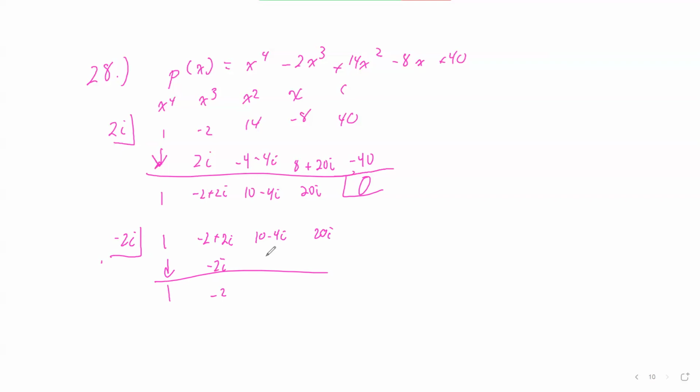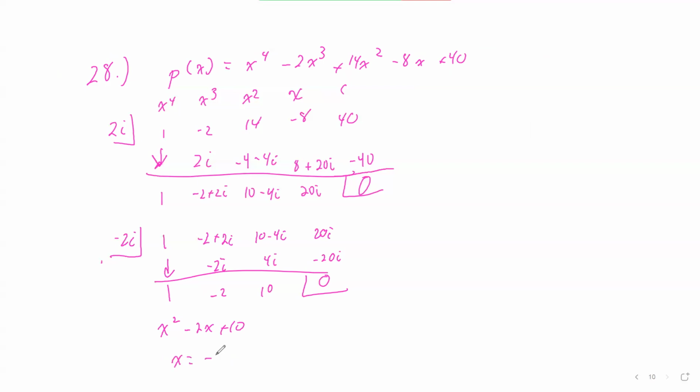That gives me positive 4i. That gives me 10. That gives me negative 20i, which gives me 0. Now I have x squared minus 2x plus 10, which then is x, not 5 and 2 like I thought it was going to be. I don't think that can be factored. So then I need to use the quadratic formula.